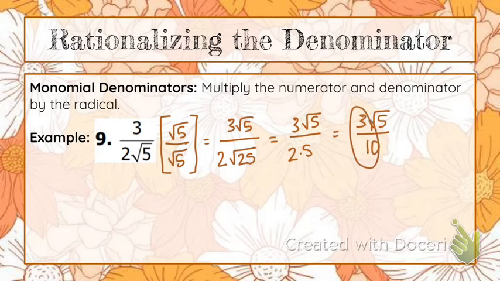And then we check to make sure these can't be reduced, and 3/10 is not reducible. So that's your final answer, 3 square root of 5 divided by 10. And if you were to type this in your calculator and this in your calculator, they would give you the exact same numerical value because all we did was multiply by 1.